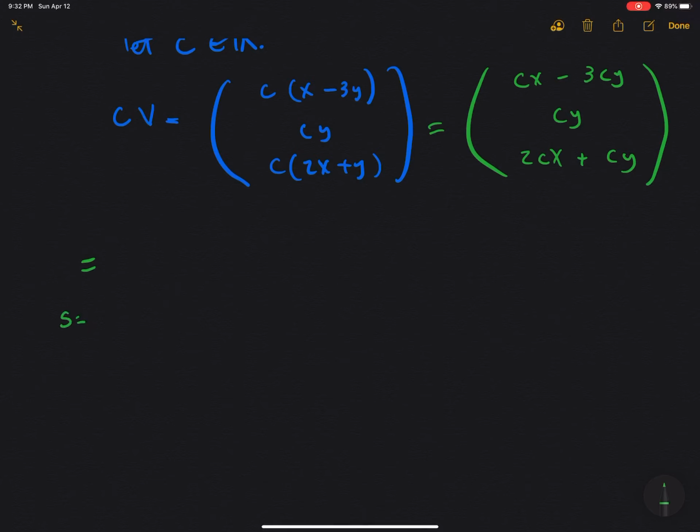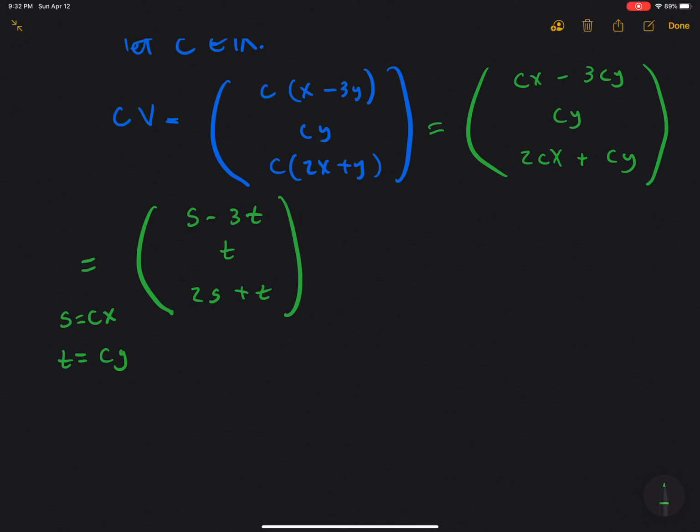If I call s the multiplication of c and x, and t the multiplication of c and y, then that result can be written as s minus 3 times t, t, and 2s plus t.